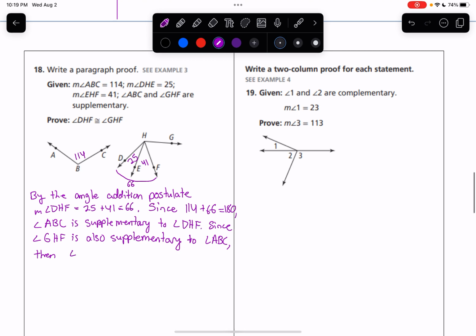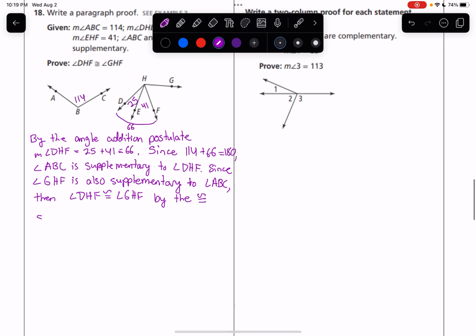So then angle DHF is congruent to angle GHF by, what did we call that? That's the congruent supplements theorem. By the congruent supplements theorem. All right.